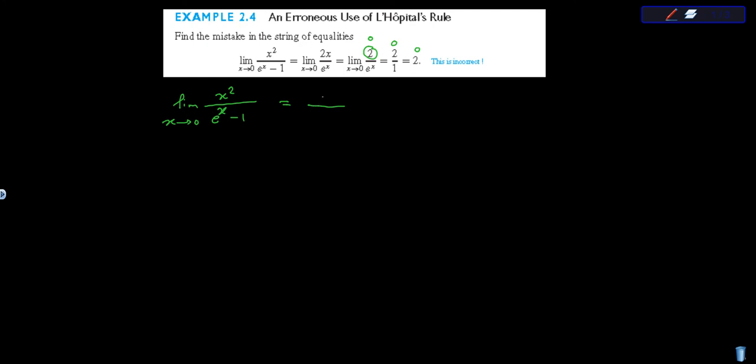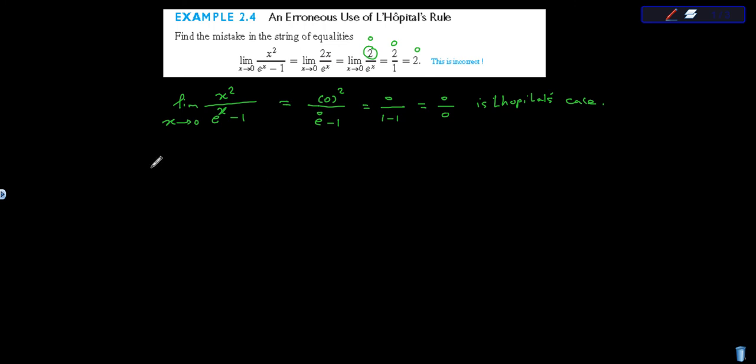Here we get 0 squared over e to the power 0 minus 1, which is 0 over 1 minus 1, equals 0 over 0. This is the L'Hopital case, the main first case, 0 over 0.